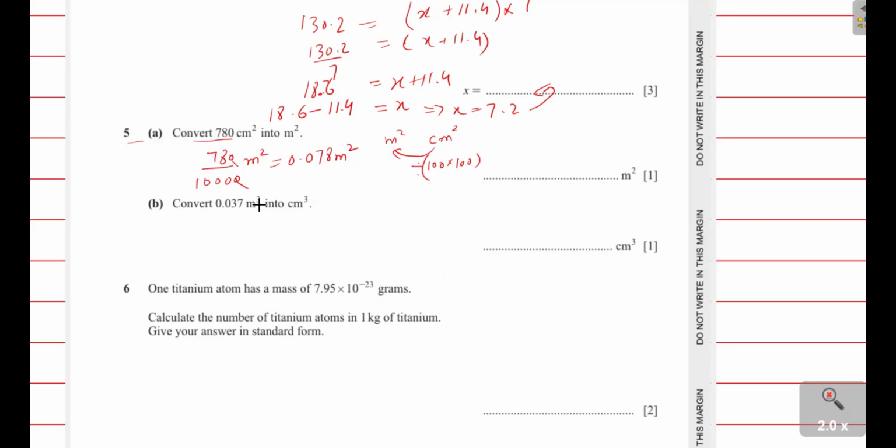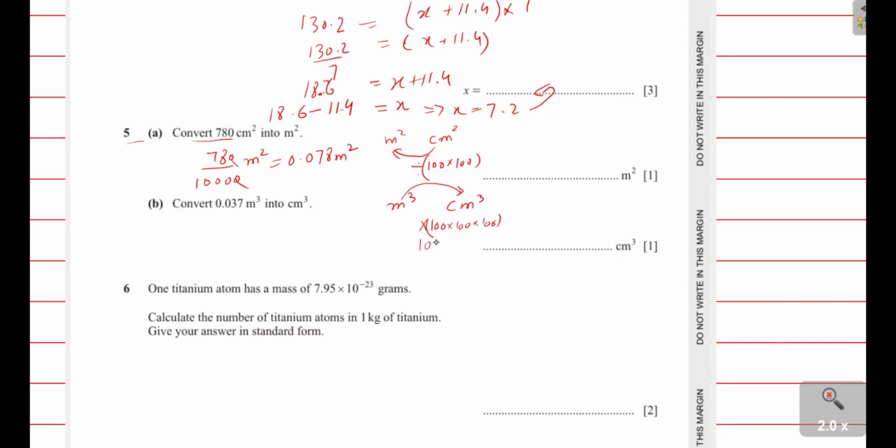Look here, we have to convert this value from meter cube to centimeter cube. When we convert meter cube into centimeter cube, we have to multiply this value by 100 into 100 into 100.